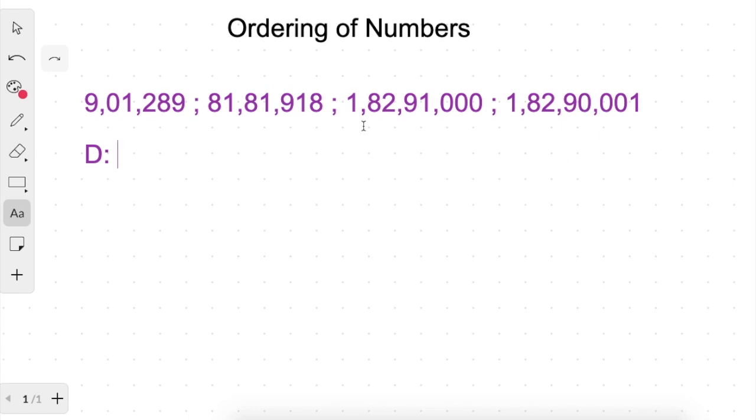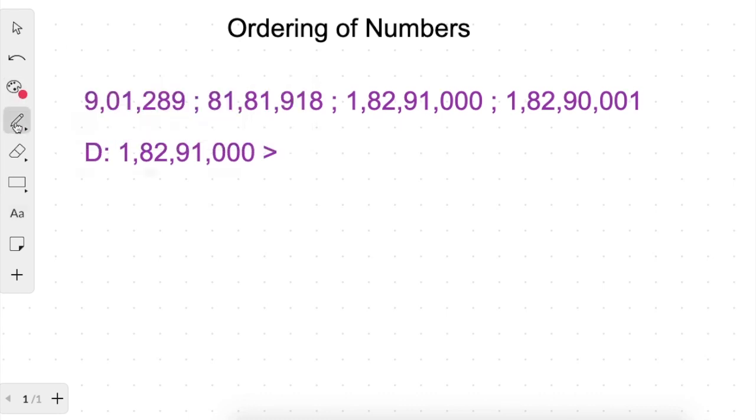Yes, it is this one. So I'll just write down 1 crore 82 lakh 91,000. After that, I'm inserting the greater than symbol. Then this number is greater than which number? Now I'll do one thing.